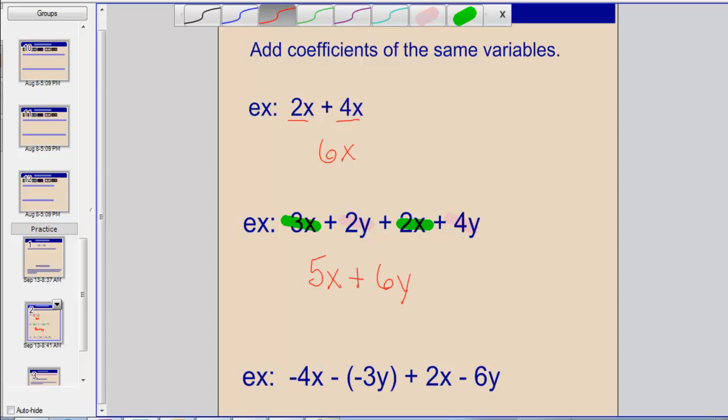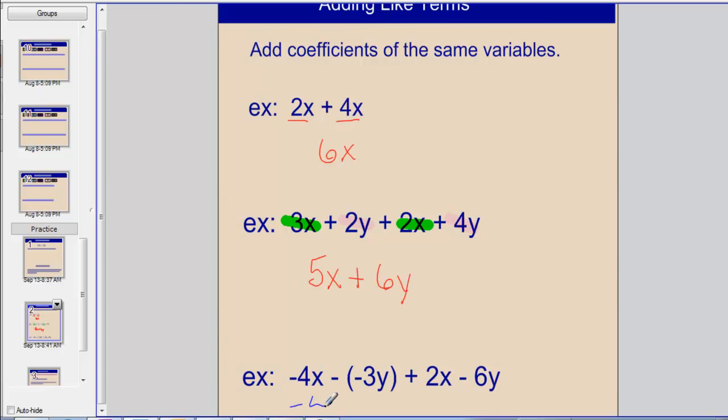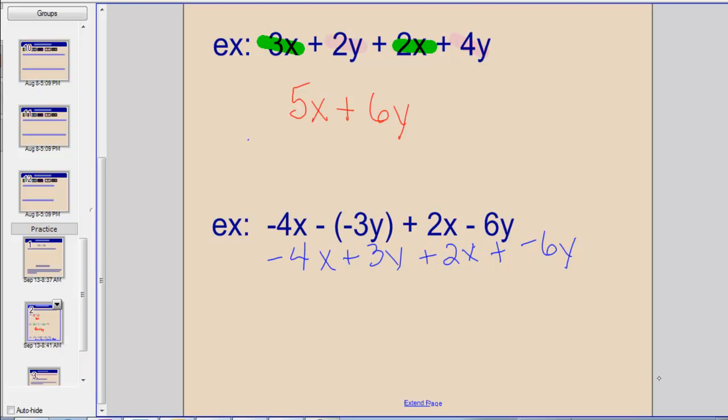We need to change all subtraction to addition to start with. So we're going to get negative 4x plus 3y plus 2x plus negative 6y as our first step. So now that we've changed all subtraction to addition, we're going to want to add our like terms together.